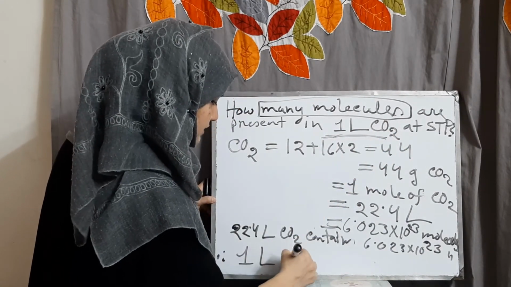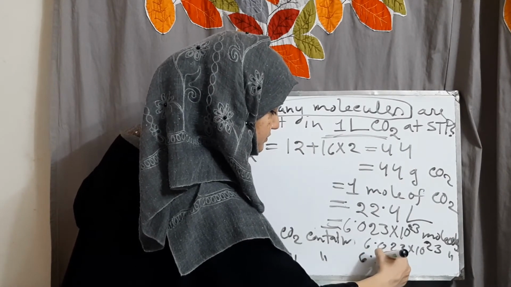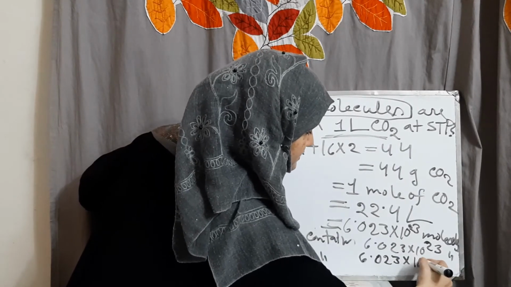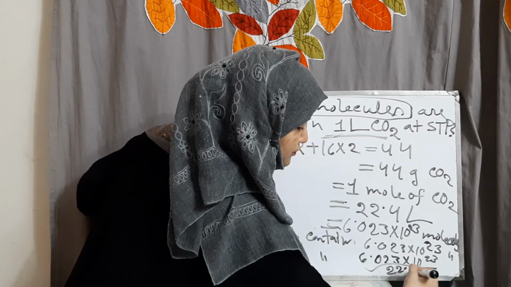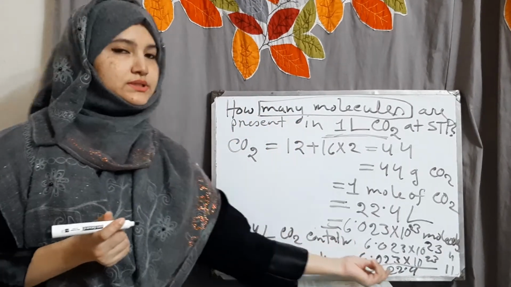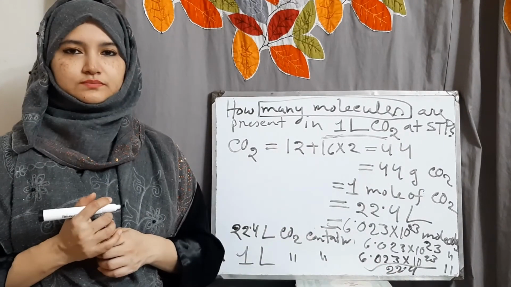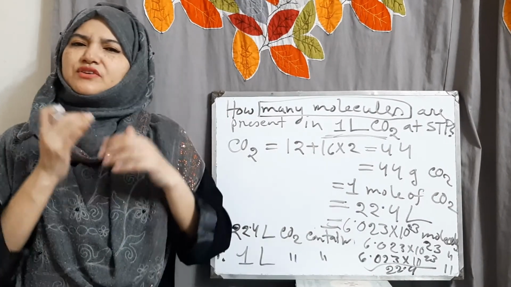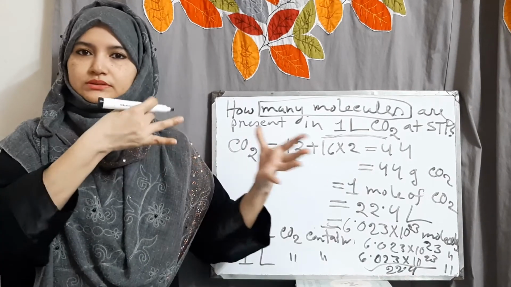Then 1 liter carbon dioxide contains how many? You have to divide this number by 22.4 liter. If we calculate this using your calculator, you get the answer. Very simple mathematics compared to other mathematics.